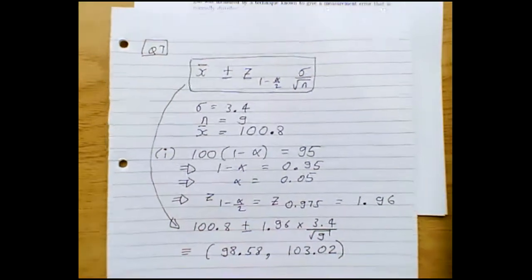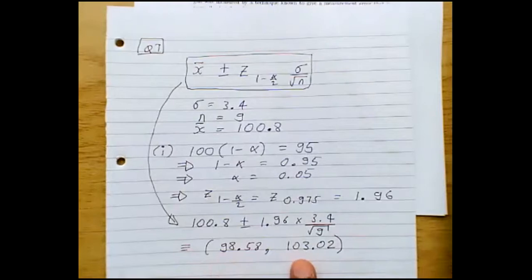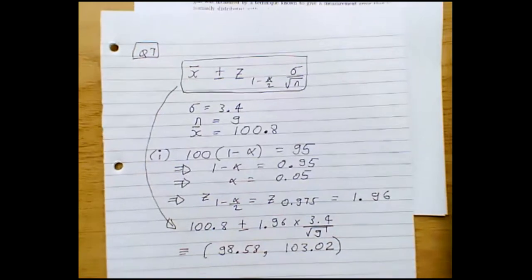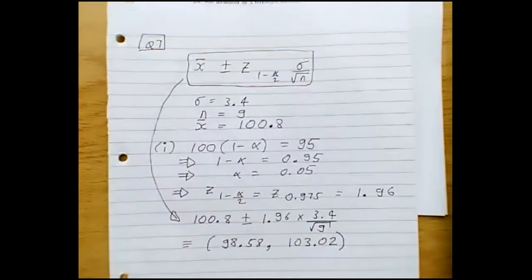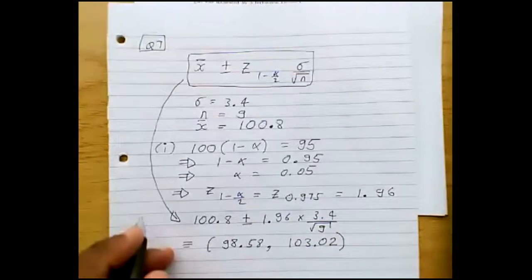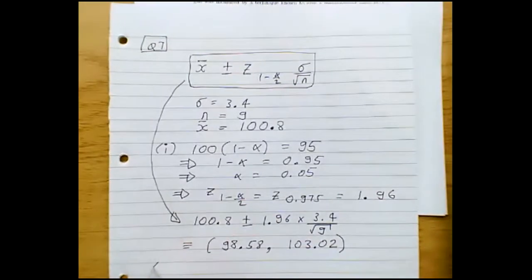So this is the 95% confidence interval for the population mean, the population mean in this case being the mean lifetime. Now part two is asking for the same thing, but this time we are looking for 98%.